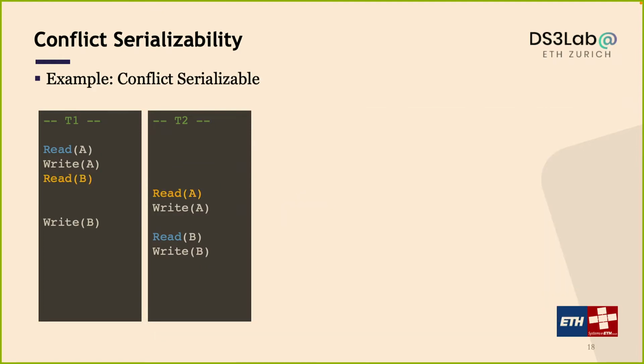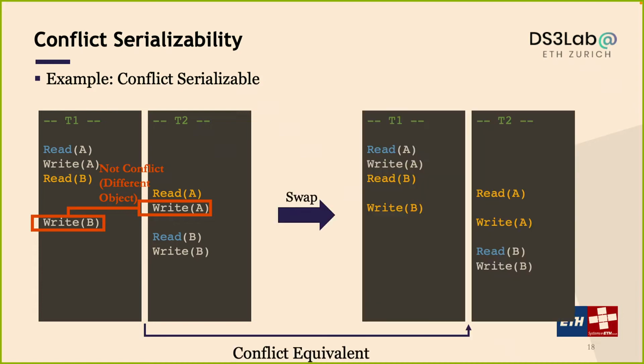And the second thing to do, you can take this and continue to do this swap. Can I swap this pair? No, I cannot, because they conflict with each other. If I swap the order of these two operators, I'm potentially going to have a different result. Sorry, it's too early in the morning.